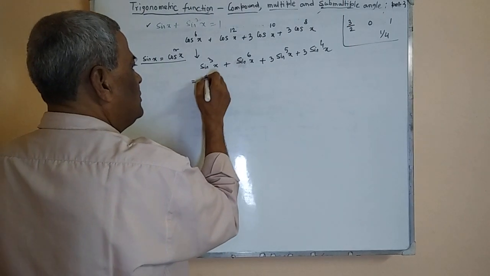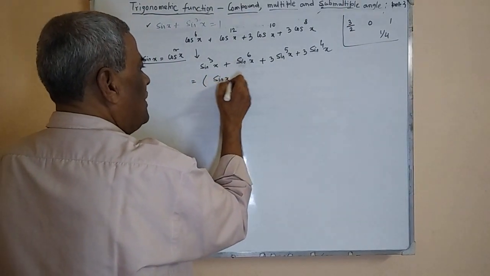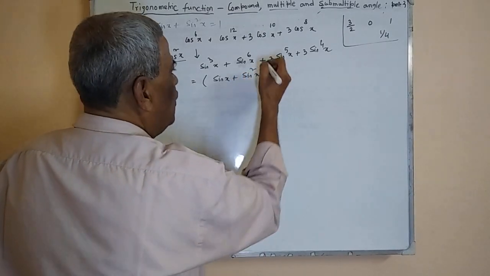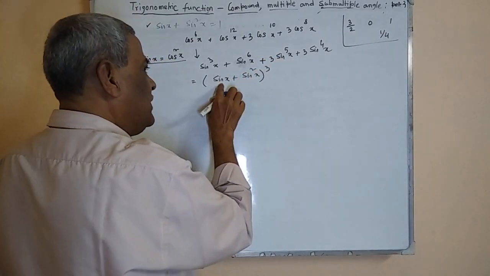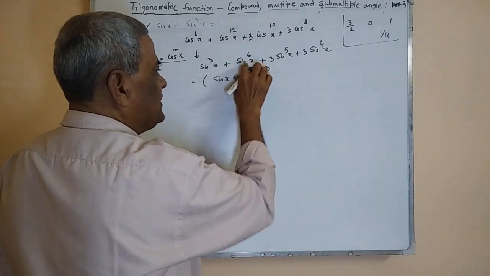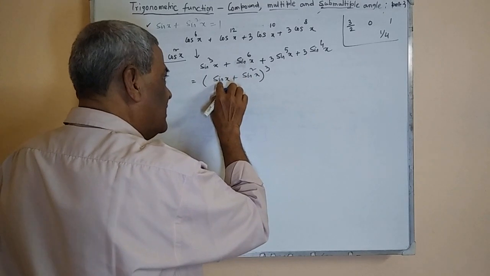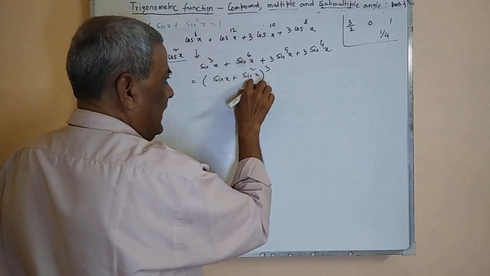So it is equal to sin x plus sin square x whole cube.